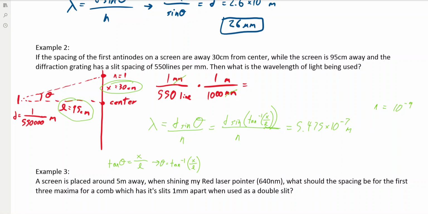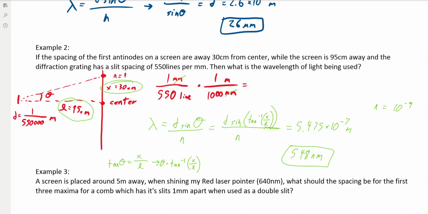So if you divide by times 10 to the -9, you get 548 nanometers. And this is reasonable for light, visible light. This will be like green light or something like that. Yeah, somewhere around green light.